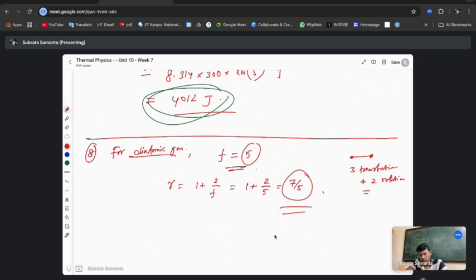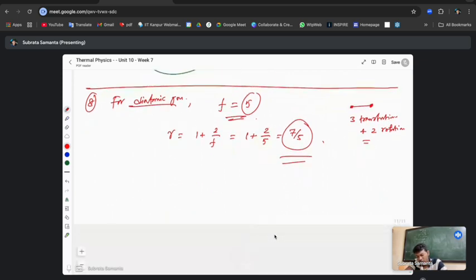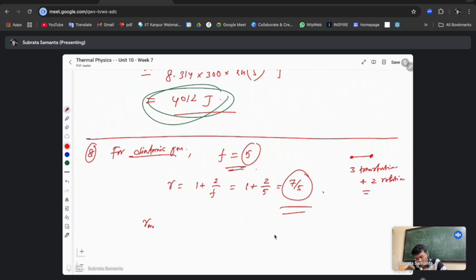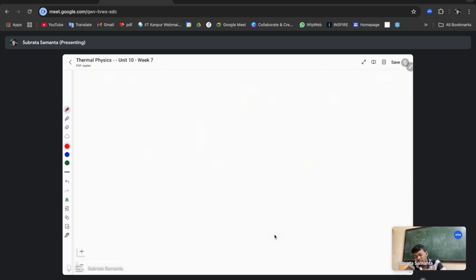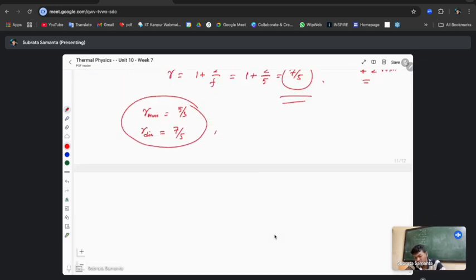Now we know that gamma for monatomic gas is 5 by 3, and gamma for diatomic gas is 7 over 5. And you know the work done for an adiabatic process. What is the work done when the pressure changes from Pi, Vi to Pf, Vf, following an adiabatic process?